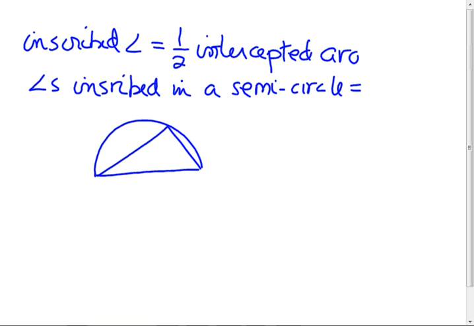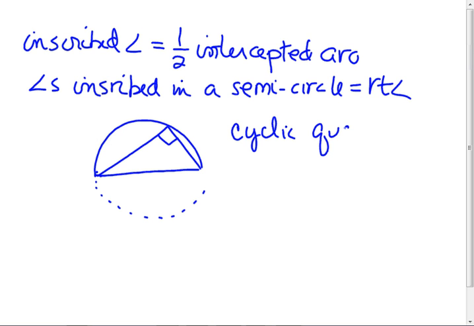It's half of 180 degrees. That's 90. Okay, what else did we have? Then we had the cyclic quadrilateral. If you have a quadrilateral inscribed in a circle, opposite angles are supplementary. Kind of nice to have this summarized in one place.